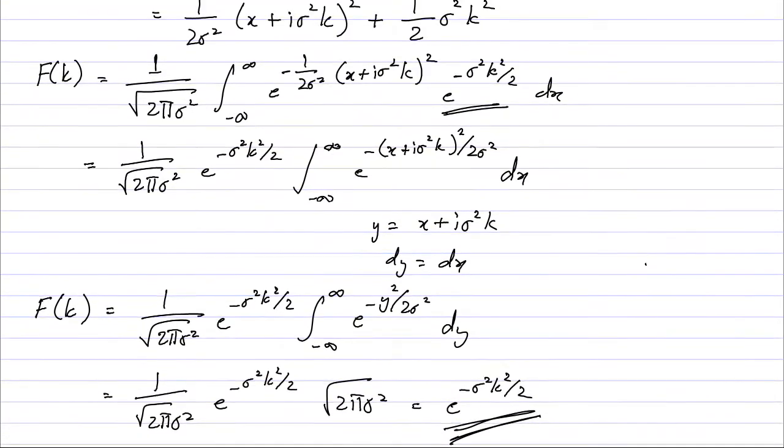One thing I would like to point out is that I wasn't very rigorous when I calculated the Fourier transform over here, in the sense that when I did this change of variables, I really should have changed limits of integration from minus infinity plus i sigma square k to plus infinity plus i sigma square k, and then you can do a contour integral to rigorously justify it.